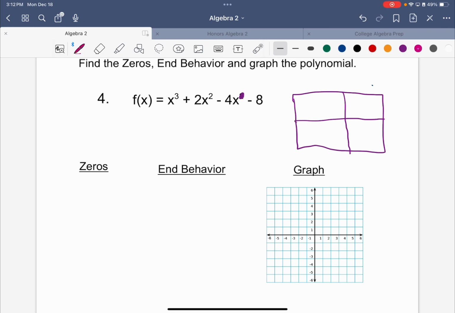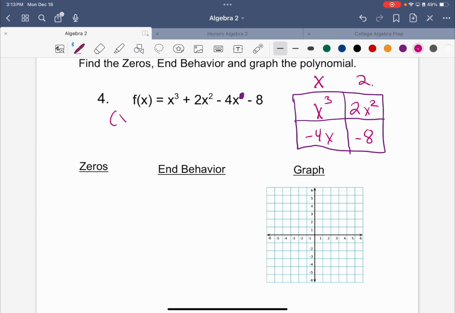Thank you. So x cubed, 2x squared, negative 4x, and negative 8. GCF is x. GCF of 2x squared and negative 8. It's just 2, right?